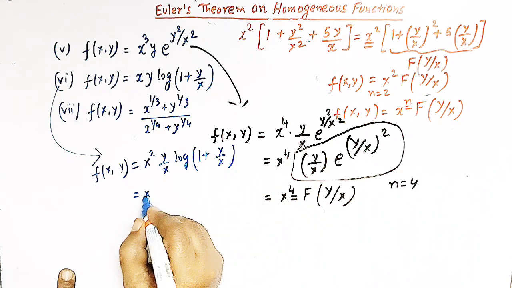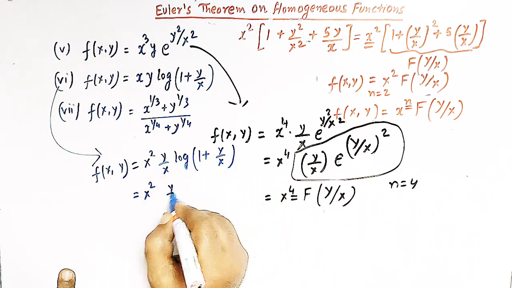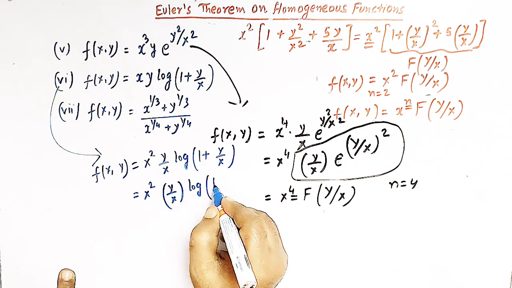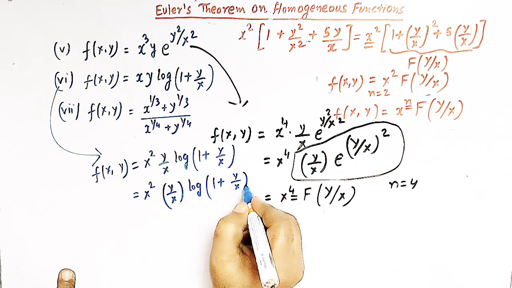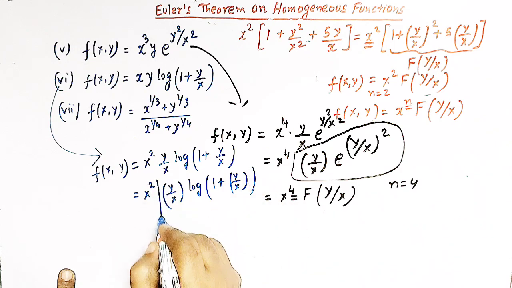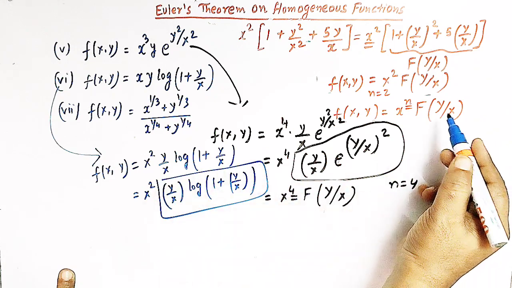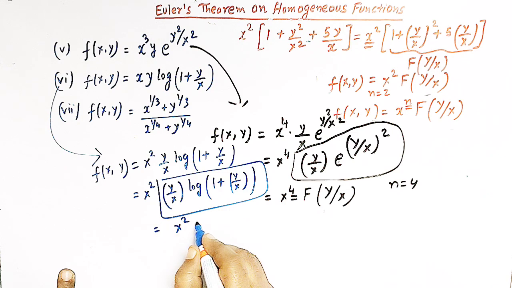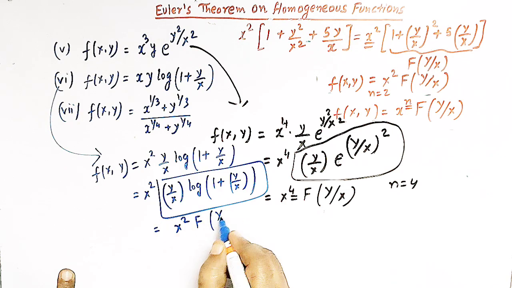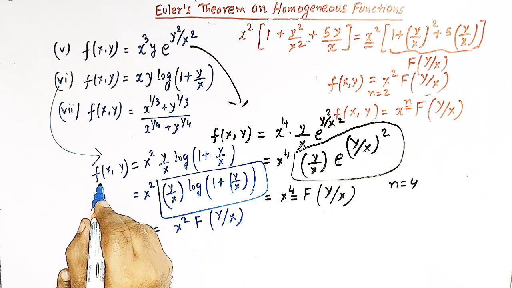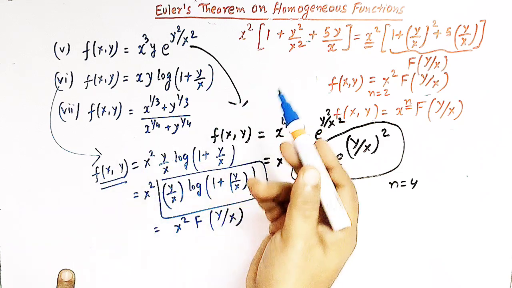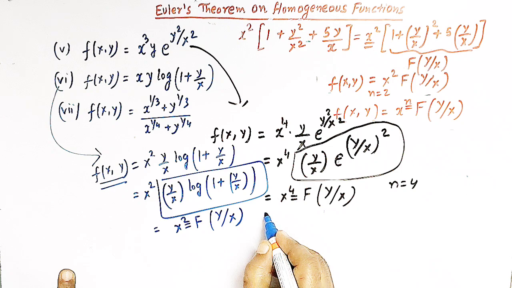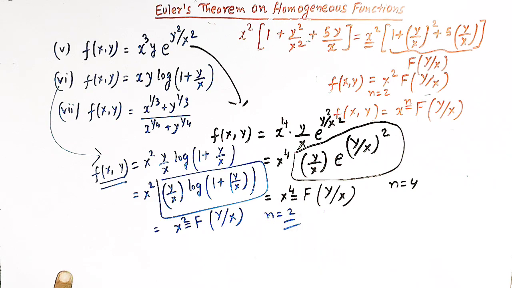So we have x square, and then we have y over x, and log of 1 plus y over x. Now this is a function of y over x, so we can now write x square and f of y over x. So this function is again a homogeneous function, and the degree is given by n is equal to 2.